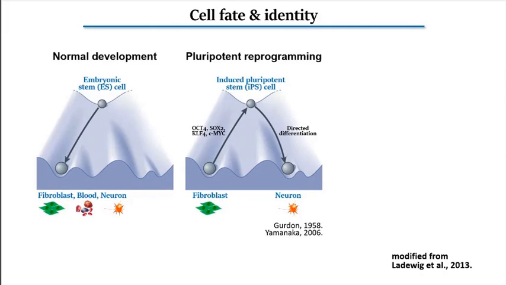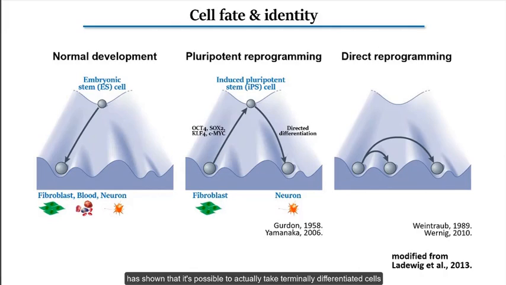So to avoid this year-long wait, recently our lab, and also Marius Wernig's group and Harry Wernig's group, found that certain types of transcription factors, which are cell type specific, can directly convert cells into another type of terminally differentiated cell.